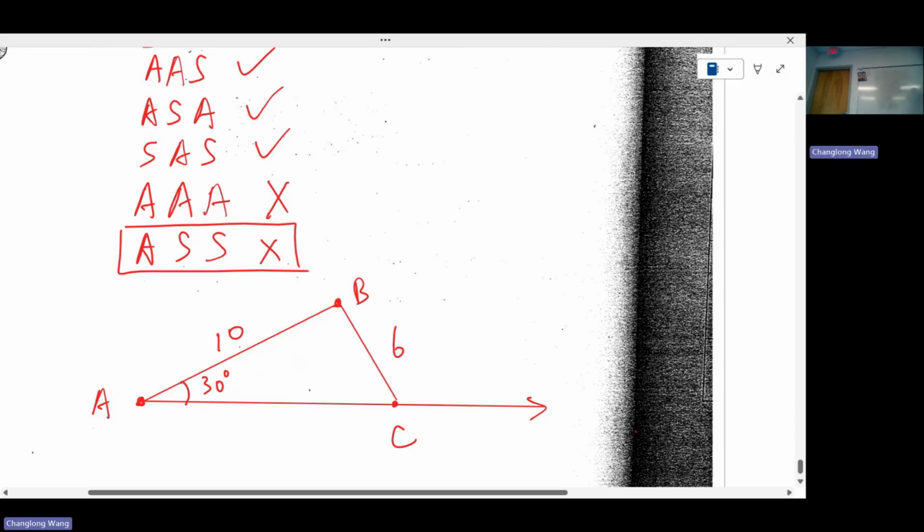If we could do that, that means this is ambiguous. It's not good enough to fix exactly the shape of the triangle. So can you imagine where I can put C somewhere else? I will still get 10 and 6 and an angle of 30.